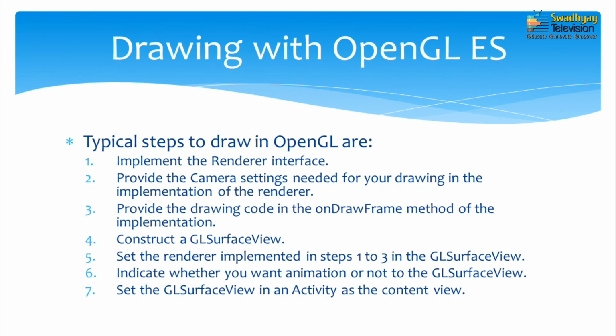Second, you have to provide the camera settings needed for your drawing in the implementation of the renderer, and you have to provide the drawing code in the onDrawFrame method of the implementation. Then you have to construct a GLSurfaceView. So, first step is to define the renderer and its methods. Broadly speaking, 1, 2, 3 create the renderer and its methods.